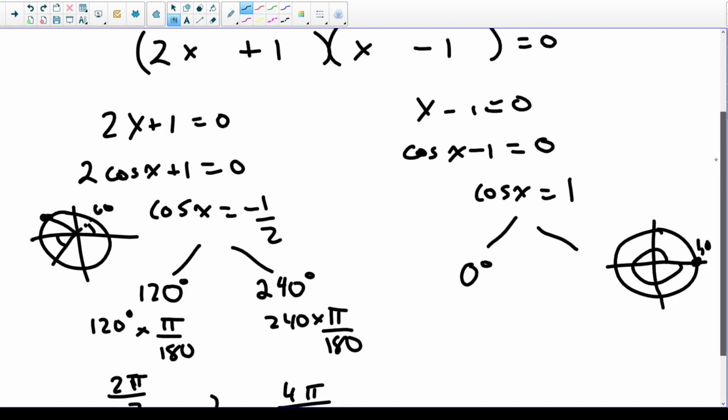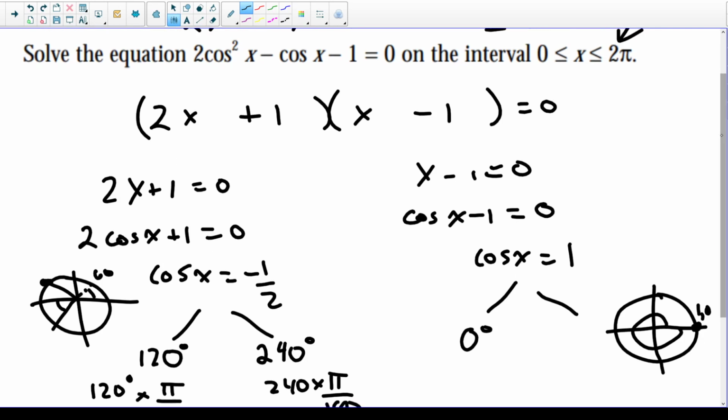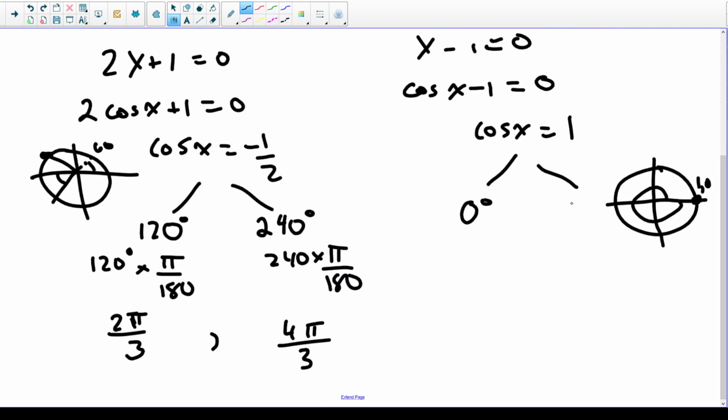Because my domain goes from 0 to 2 pi, including 2 pi, 2 pi is my other answer. So we're getting 4 different answers for that question. And that's how that works.